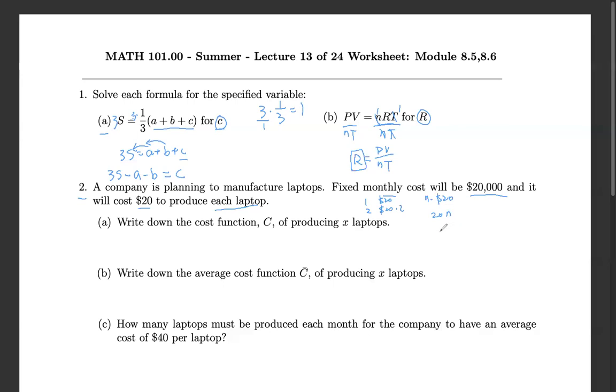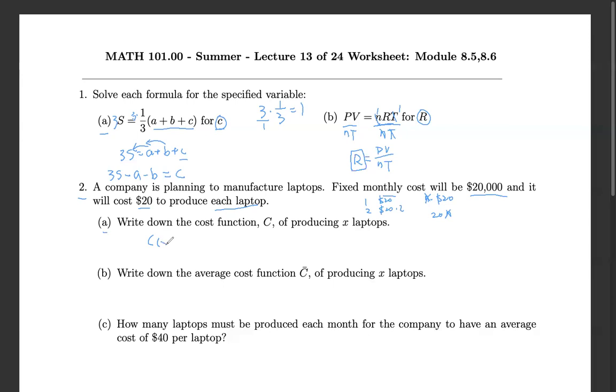Right, now let's see question A. Write down the cost function C. So C in terms of producing X laptops. Okay, let's not use N, let's use X. X many laptops.